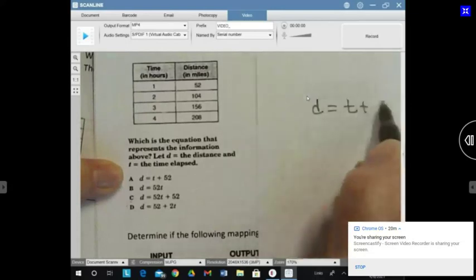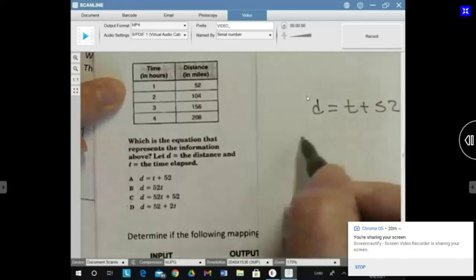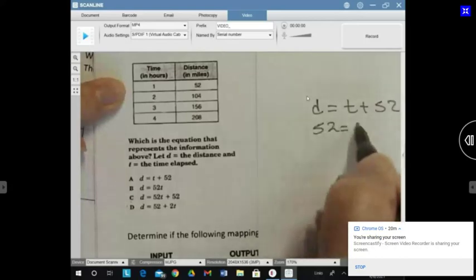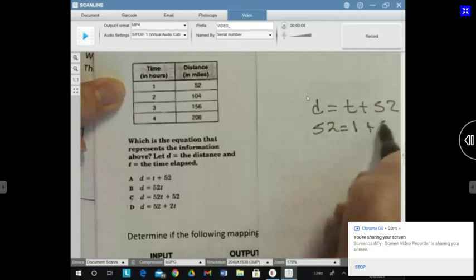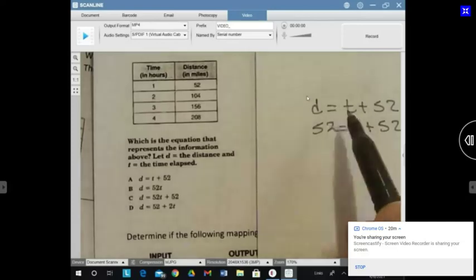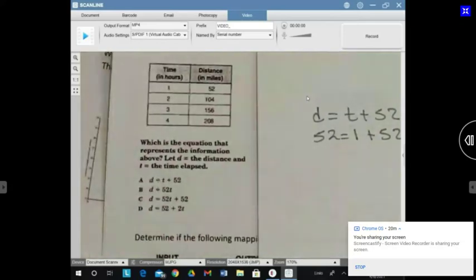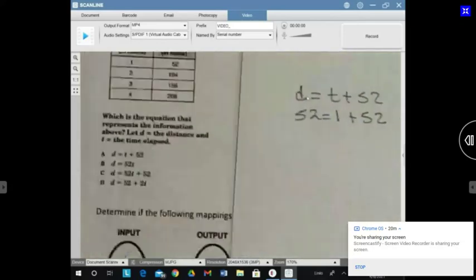My first coordinate is 52 equals 1 plus 52. Everybody sees where I'm getting that, right? I'm plugging in from the table. Is that true? Does 52 equal 1 plus 52? No. So A is no good. I don't want A.